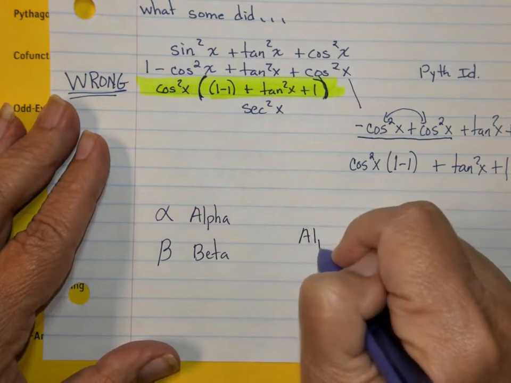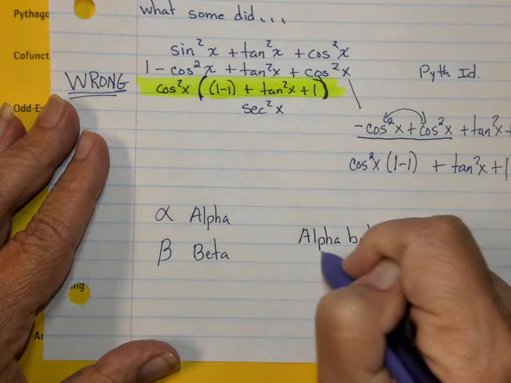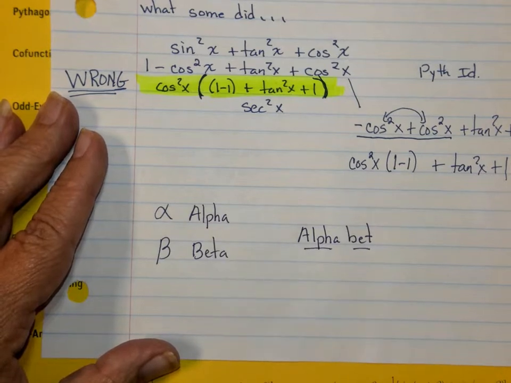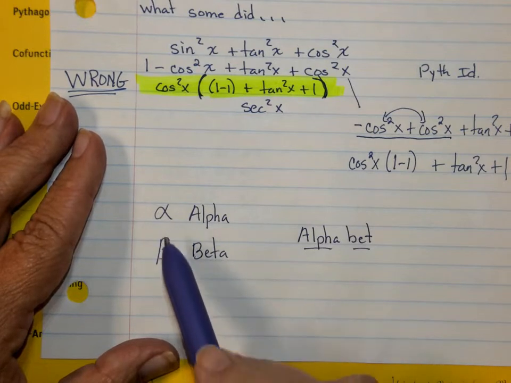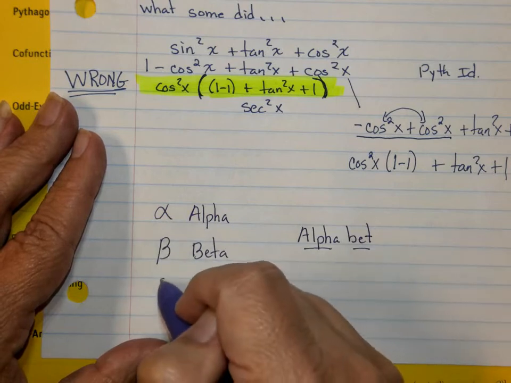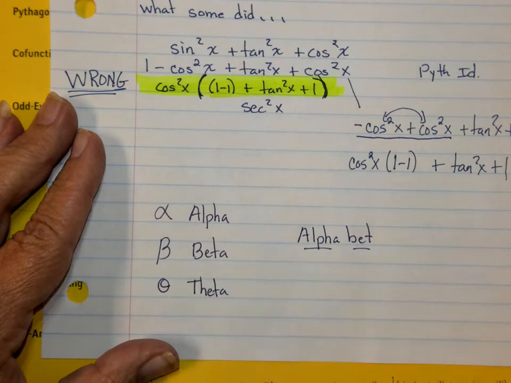When we talk about our alphabet, the word alphabet comes from alpha beta. Kind of cool, huh? So alpha and beta are typically used as variables to measure angles, just like the Greek letter theta that we've been using. Okay?